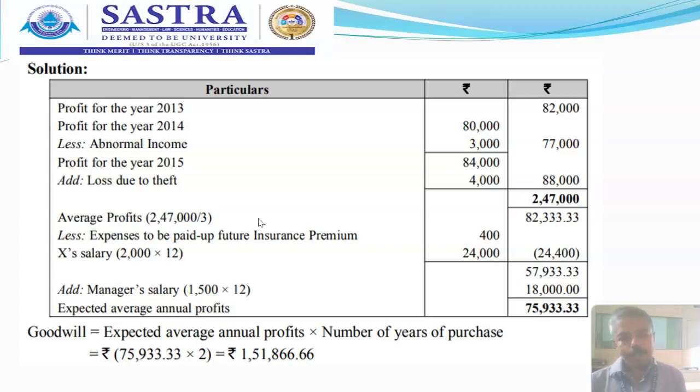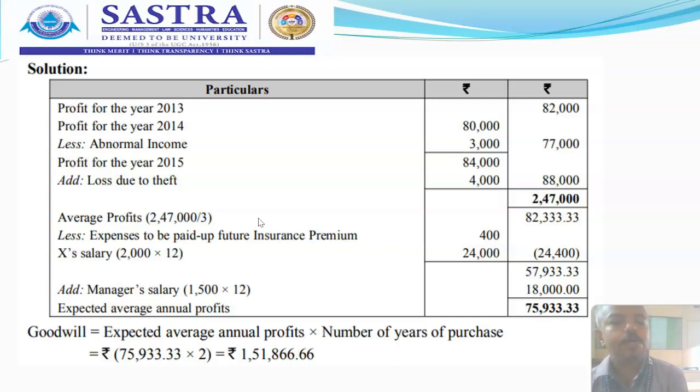So 84,000 arrived in year 3 after subtracting the loss due to theft. Now we add that back to get the actual profit, that is 88,000. So now we get the total profit of 2,47,000, as I was explaining in the course along with the question.